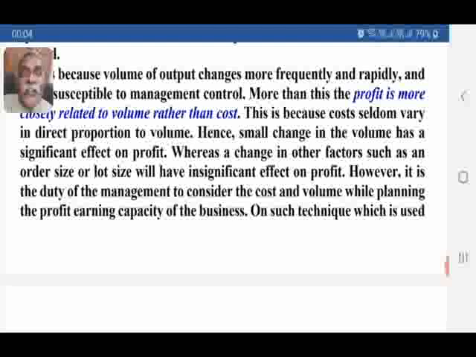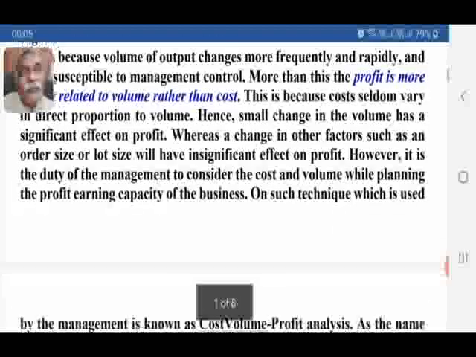Whereas a change in other factors such as an order size or lot size will have significant effect on profit. However, it is the duty of the management to consider the cost and volume while planning the profit earning capacity of the business.